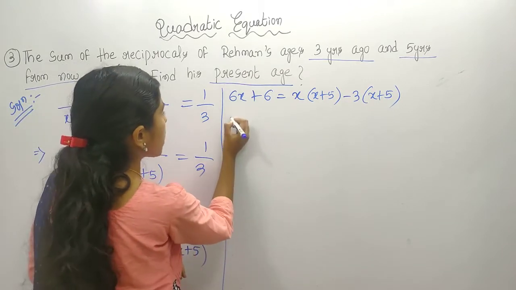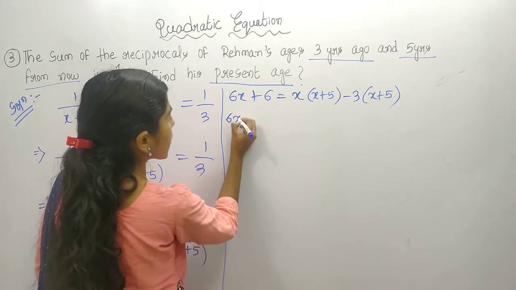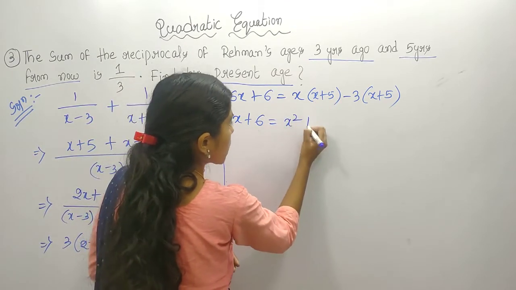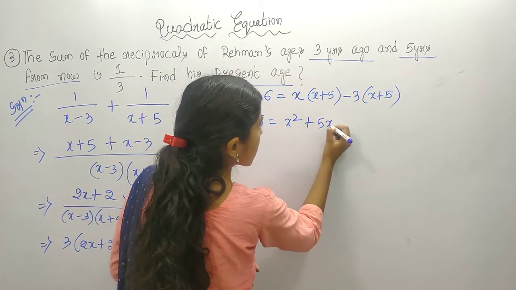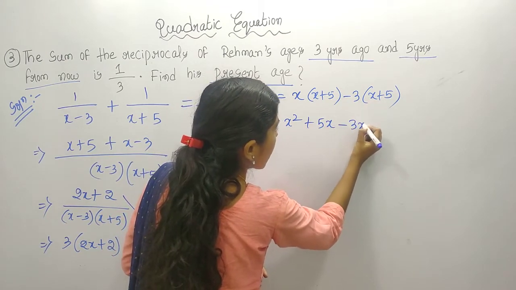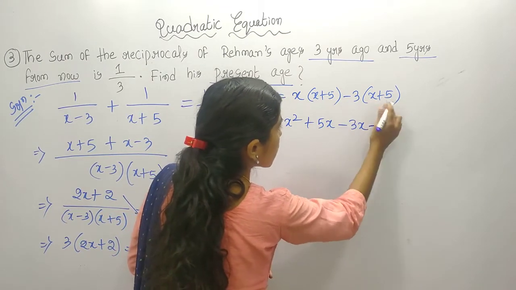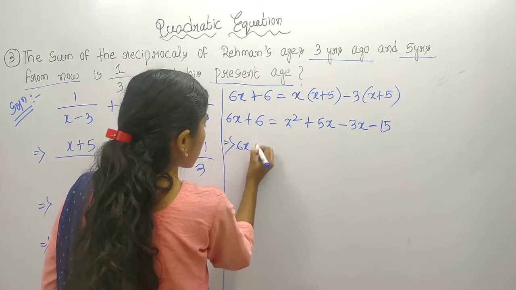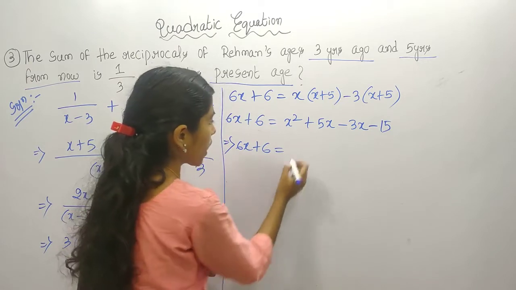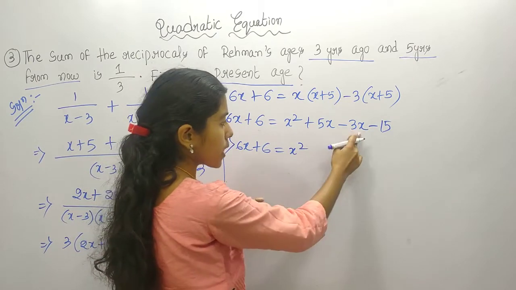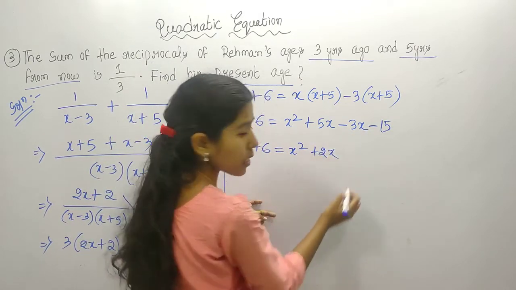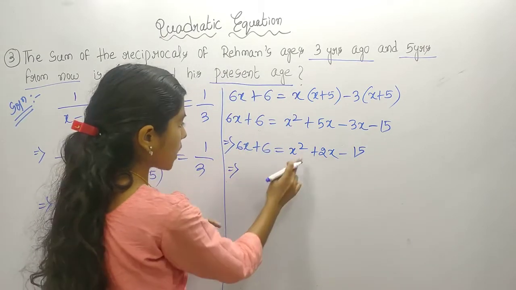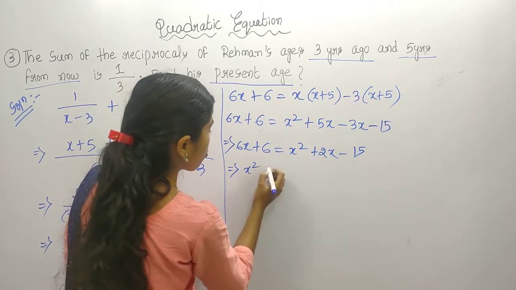Now you see, 6x plus 6 equals to x into x is x square, plus x into 5 is 5x, minus 3 into x is 3x, minus 3 into 5 is 15. Okay. So that implies 6x plus 6 equals to x square plus 5x minus 3x is plus 2x, minus 15.